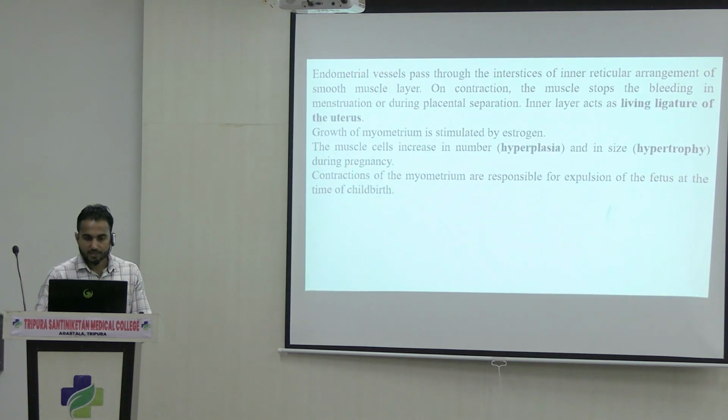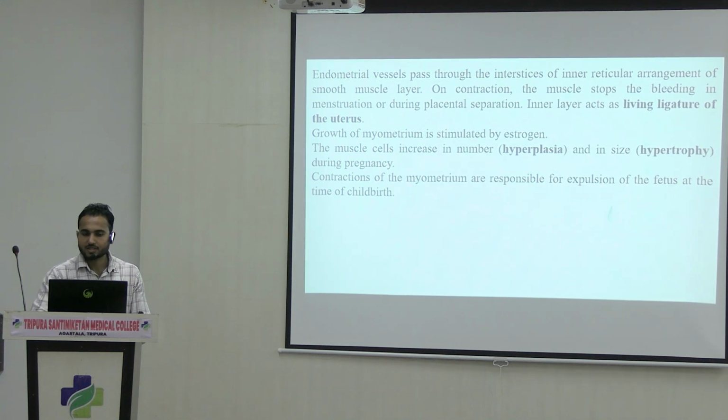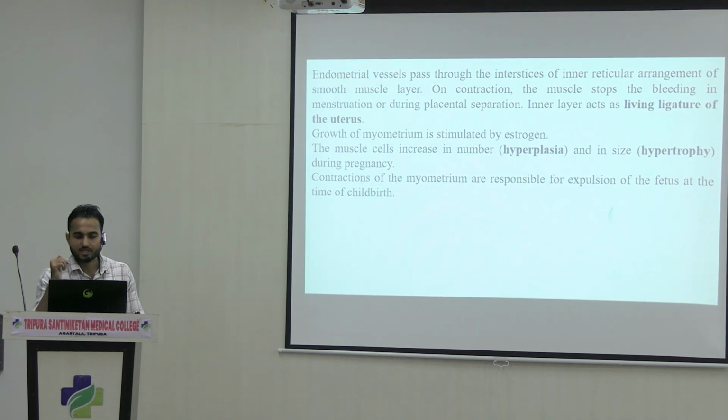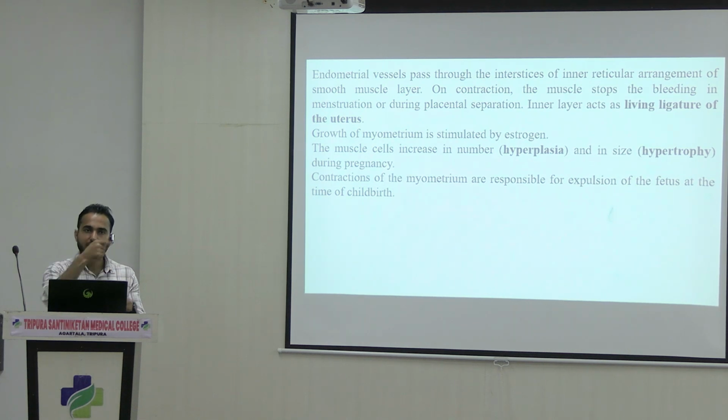Next, as I have mentioned about the living ligature, what is this? The endometrial vessels have to pass through the interstices of the inner reticular arrangement of the smooth muscle layer. So the inner layer is arranged in the form of reticulum, or you can say in the form of network, and through that the blood vessel has to pass and reach up to the endometrium.